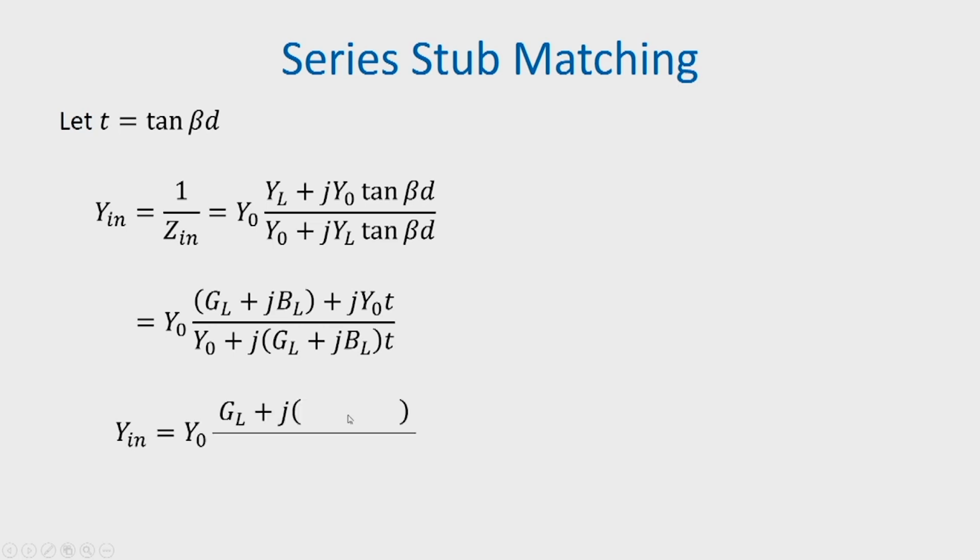we can write Y in of this form: Y naught (GL plus jBL plus j Y naught T) divided by (Y naught minus BL T plus j GL T).